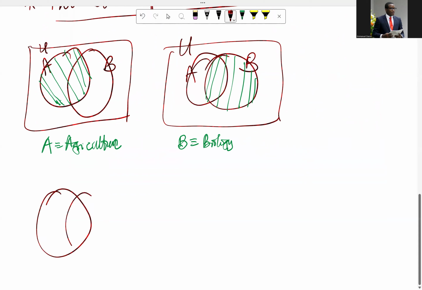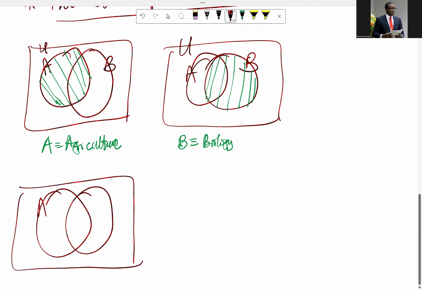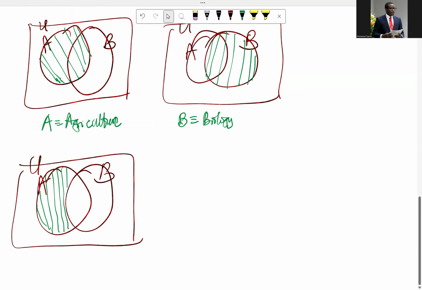So if we have this now, this is A, this is B, this is the universal set. Now, what if I shade only this, with the green as usual? So now this is agric only.